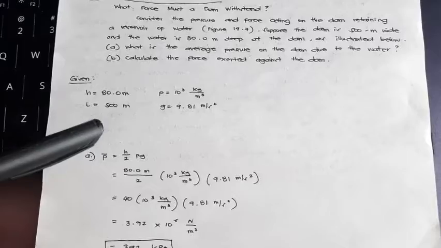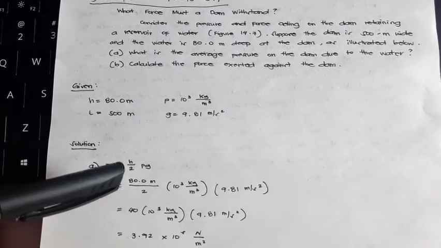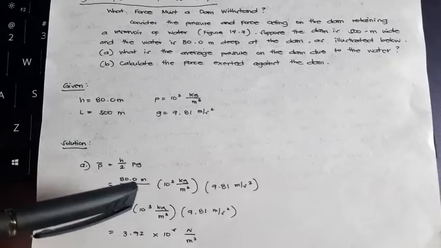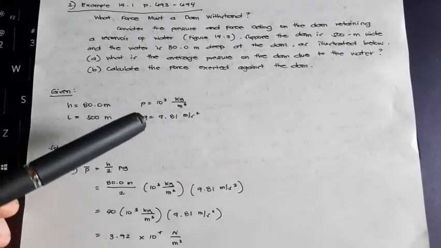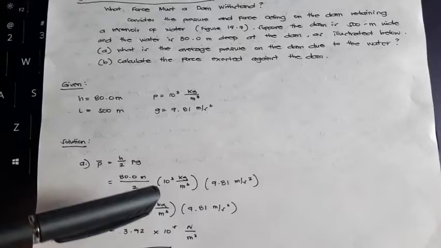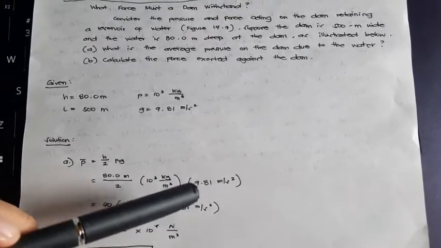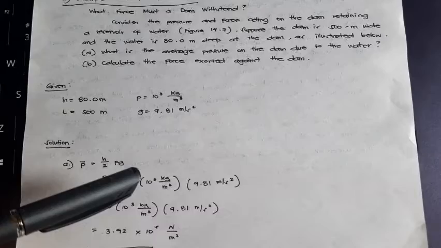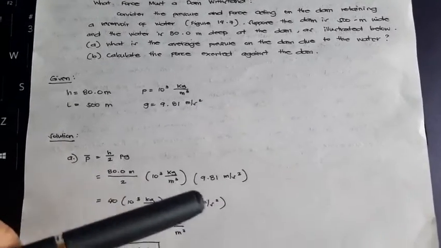So since given naman, so ato siya i-substitute, ang atong height is 80.0 meters over 2, then ang atong density, which is kaning rho, is 10 cube kilogram over meter cube, times dayon ang atong constant value of gravity, 9.81 meter per second squared.